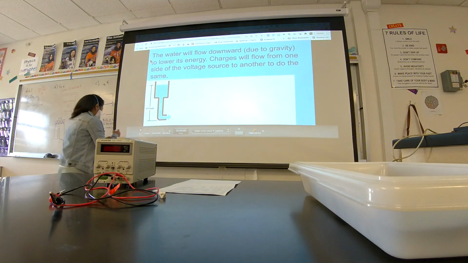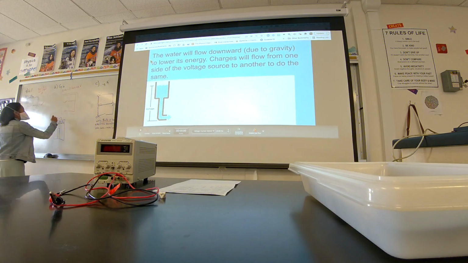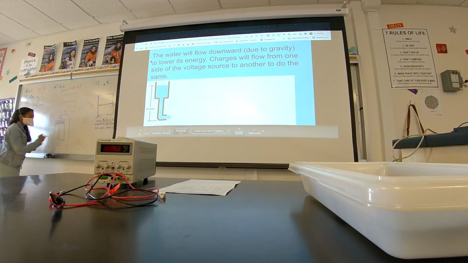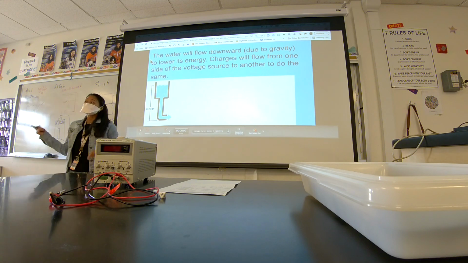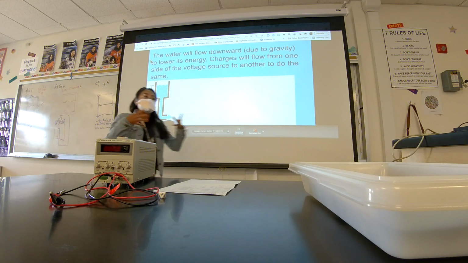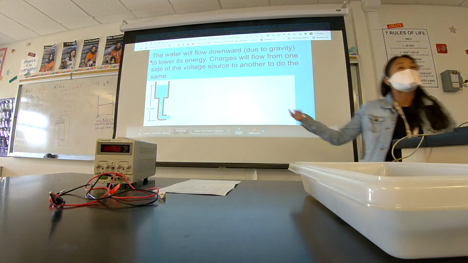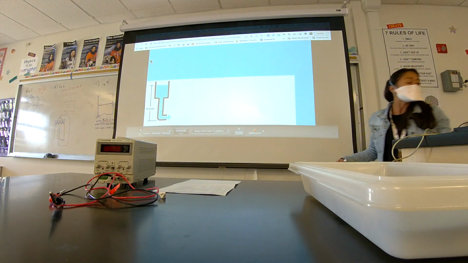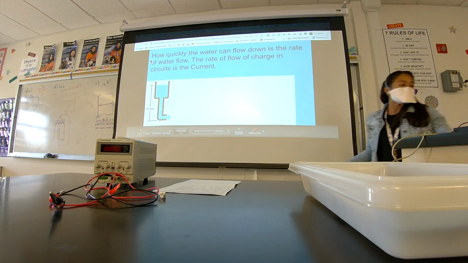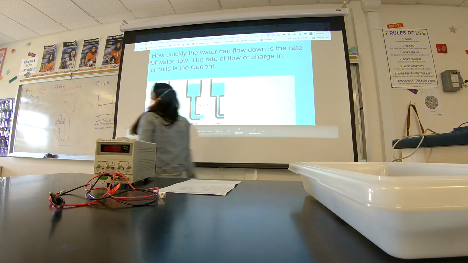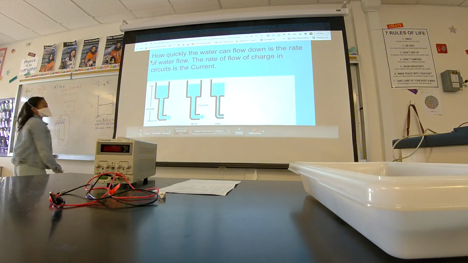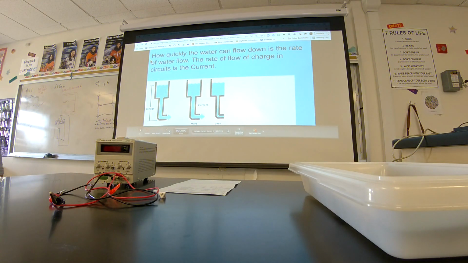Now, your wire or your pipe is how the water travels, and actually it's a very similar analogy because the wider your pipe is, or the wider your wire is, generally, the faster your current can flow. The skinnier your wire is, or the skinnier your pipe is, the slower your charges can flow.